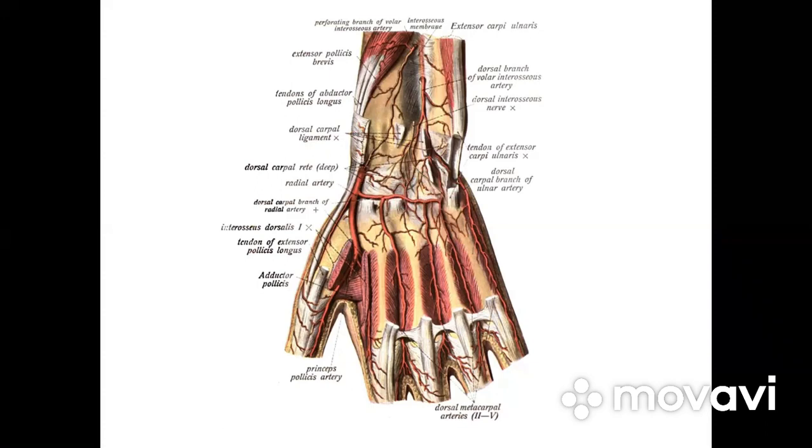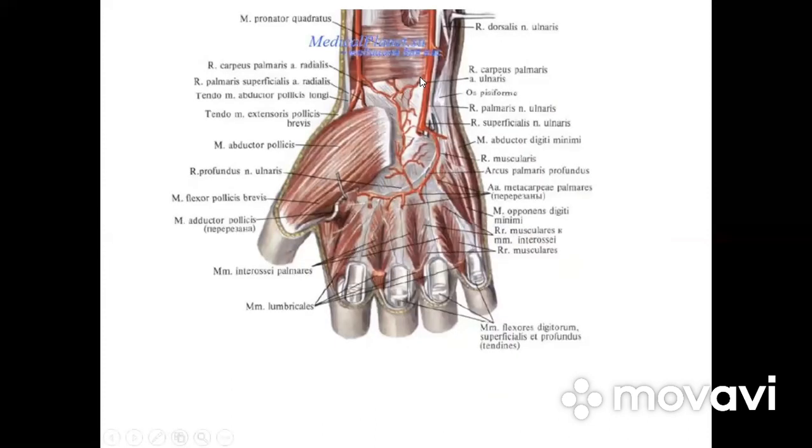On the level of the carpal bone, from the ulnar artery begins the dorsal carpal branch, which joins with the same name branch from the radial artery and makes the dorsal carpal rete. On the palmar surface begins the palmar carpal branch, which joins with the same name branch from the radial artery and makes the palmar carpal rete.